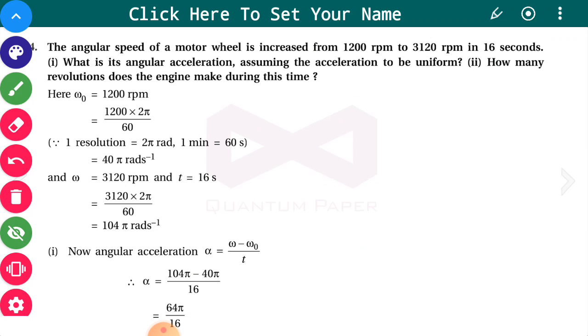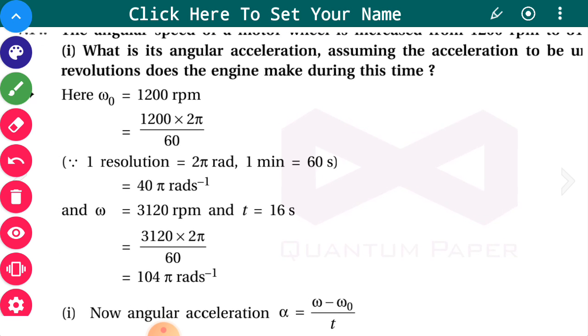So the initial angular speed is 1200 rpm, and if you convert it into radian per second, then 1200 multiplied by 2 pi, since rpm means rotations per minute, divided by 60.